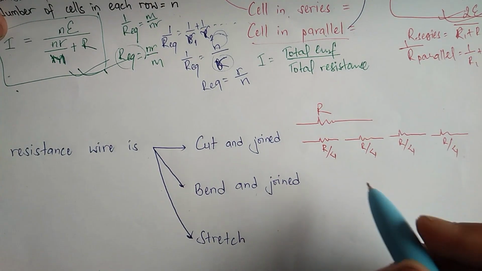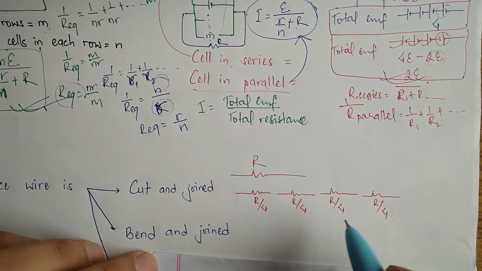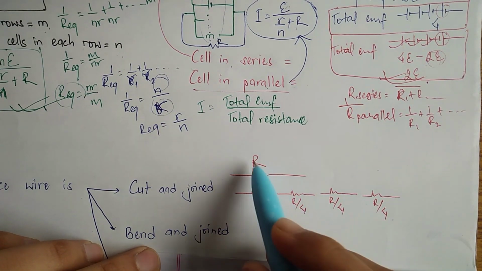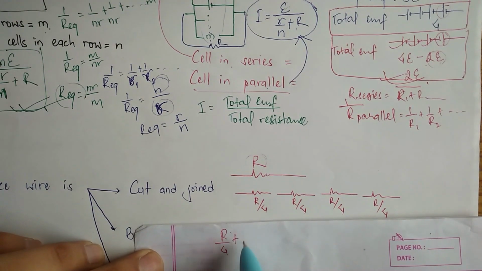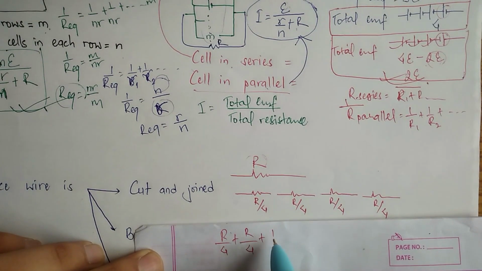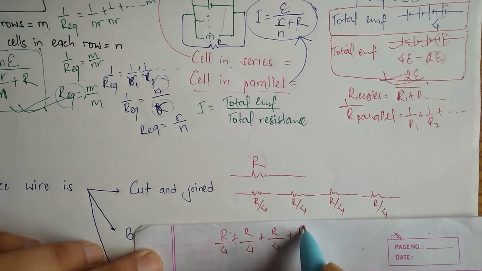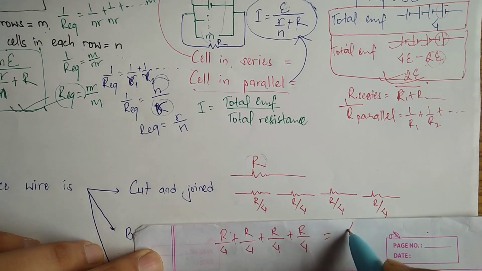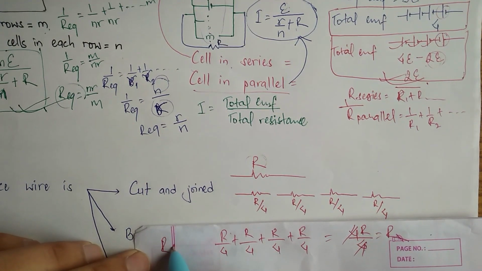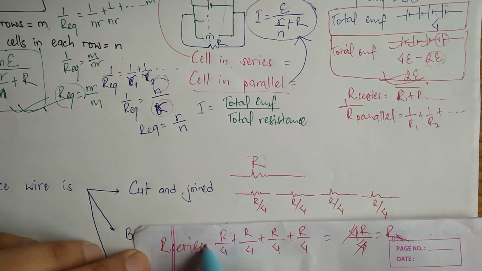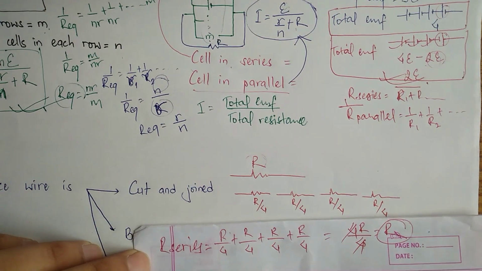So now if we join them, it will be the same R, because R by 4 plus R by 4 plus R by 4 plus R by 4 will be 4R by 4, that is R.